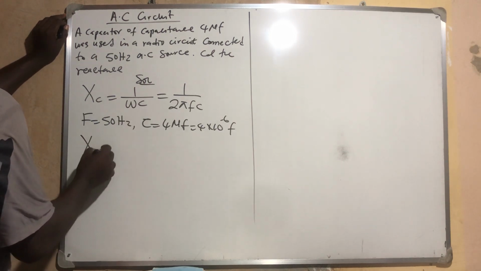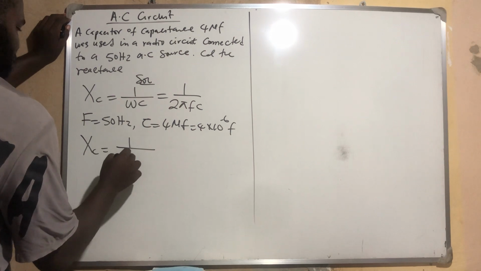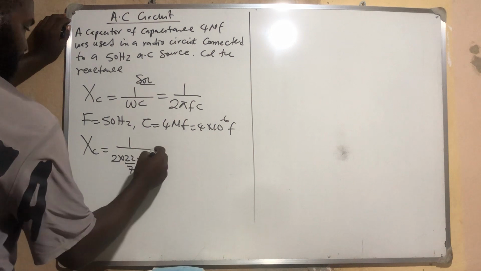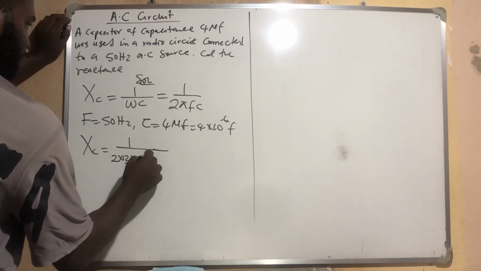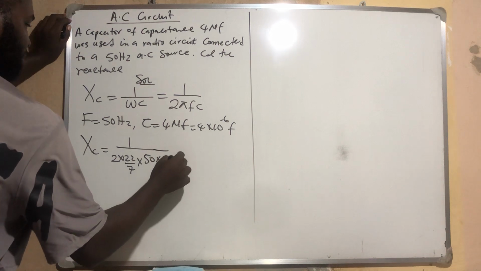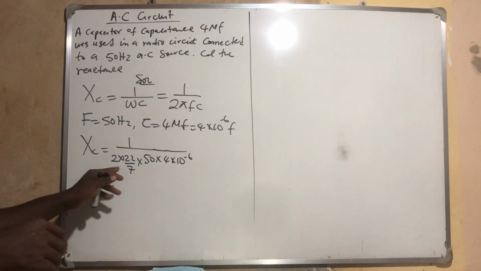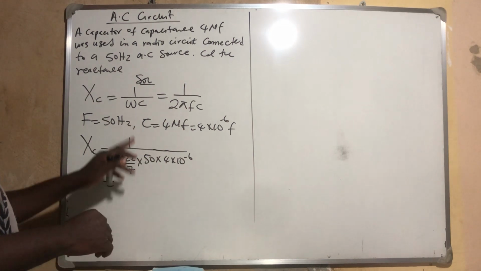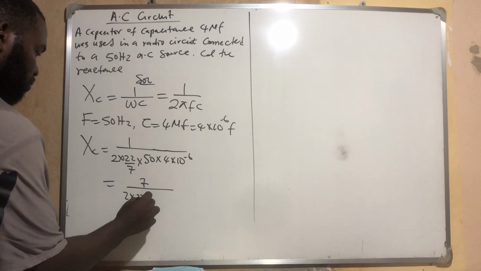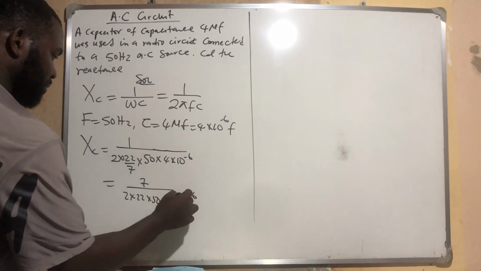So my XC they are asking for is now 1 over 2 times 22 over 7 times my f, which is 50, times 4 times 10 raised to the power minus 6. If you do everything, the 7 can go up, so I'm going to have 7 over 2 times 22 times 50 times 4 times 10 raised to the power minus 6.